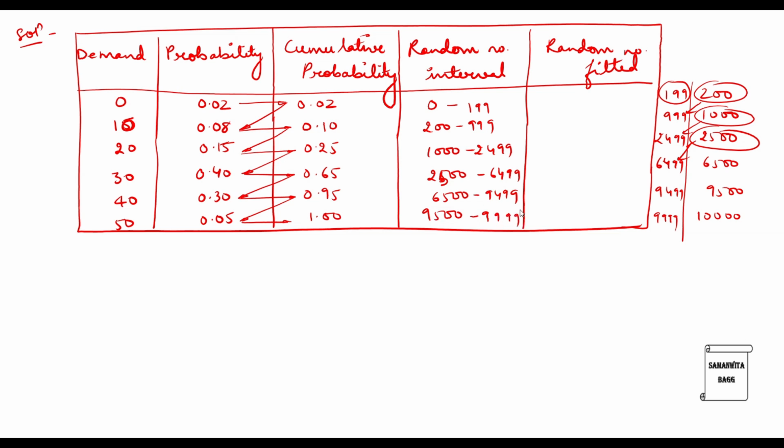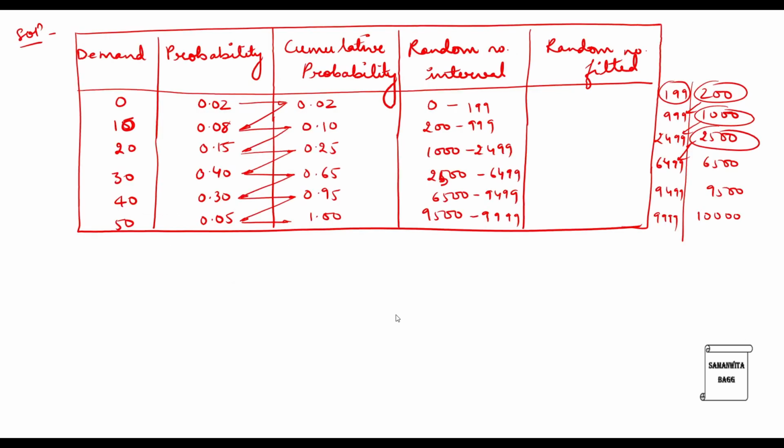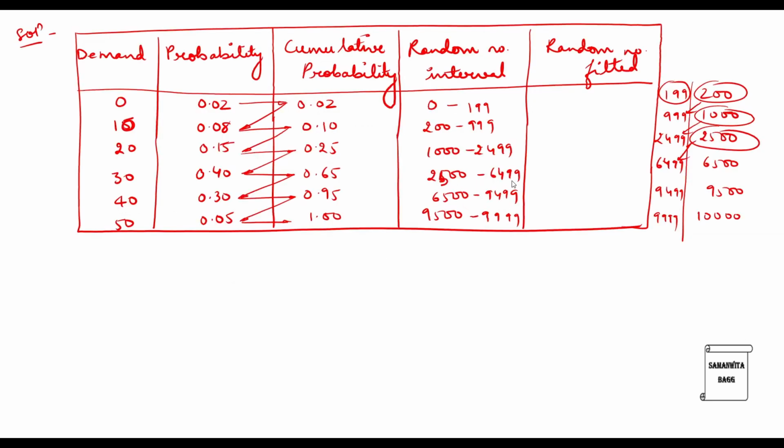Now we'll talk about the random numbers that we have to fit. So let me give them numbering: 1, 2, 3, 4, 5, 6, 7, 8, 9, 10. I am fitting these numbers over here. Number 1 is 3244, that will fit here.